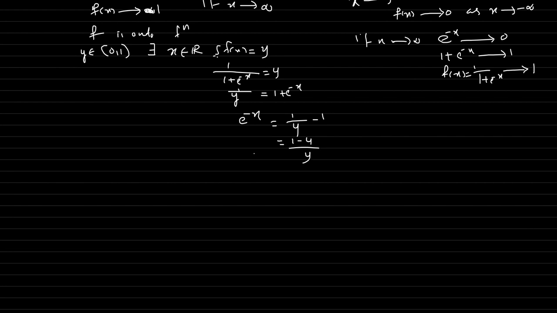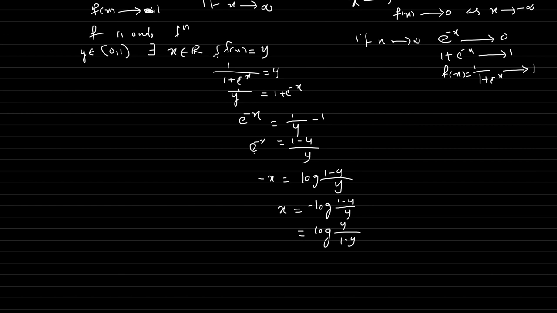And by taking natural logarithm on both sides, we get minus x is equal to log of (1 minus y) by y. And hence x is equal to minus log of (1 minus y) by y. By taking minus 1 inside of logarithm, we will get log of y by (1 minus y).